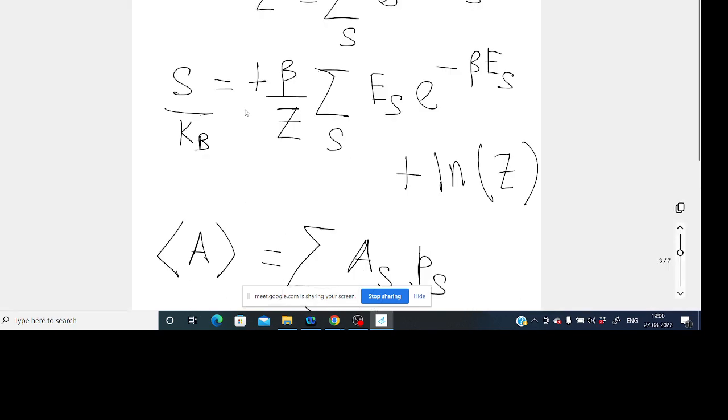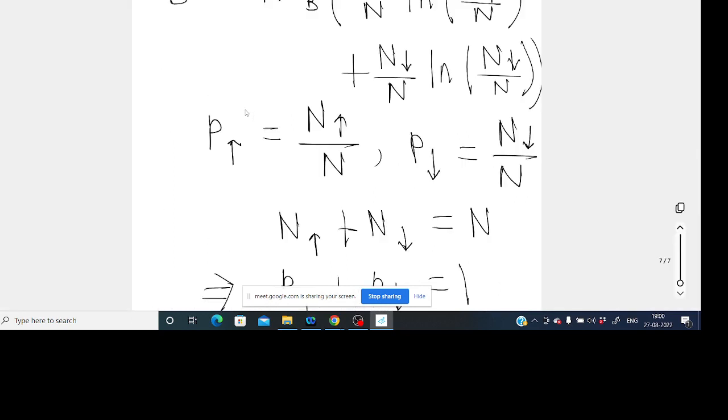If there are many particles, let's say n particles, then it will be like this. If the particles are indistinguishable, then there will be 1 over n factorial. I have discussed this 1 over n factorial in the previous class, I think.